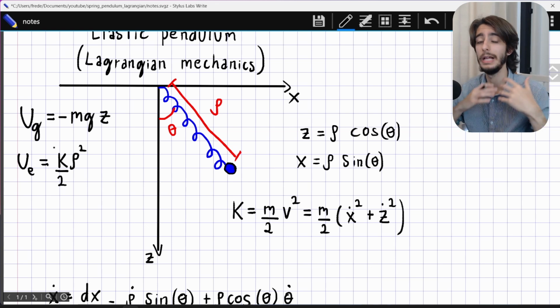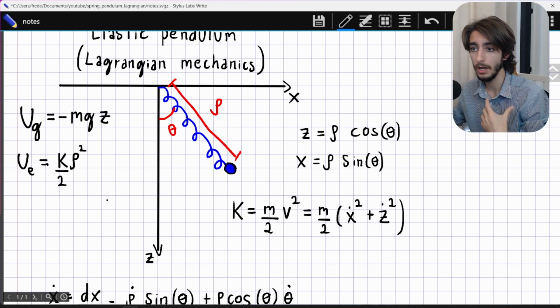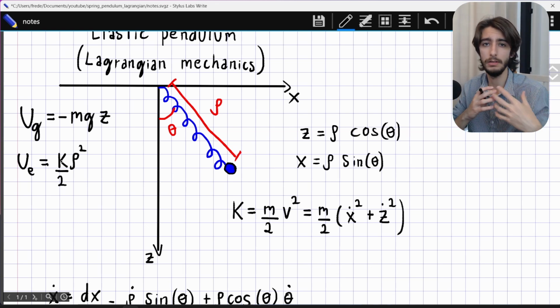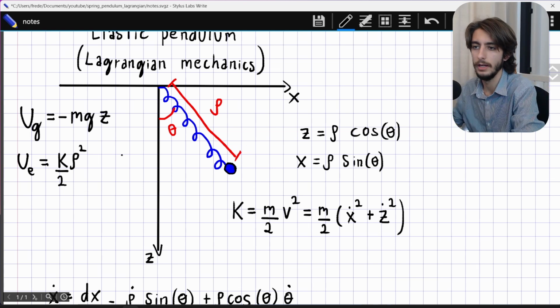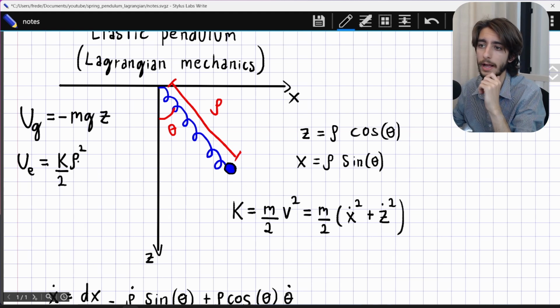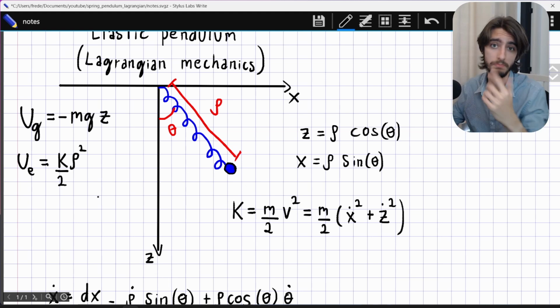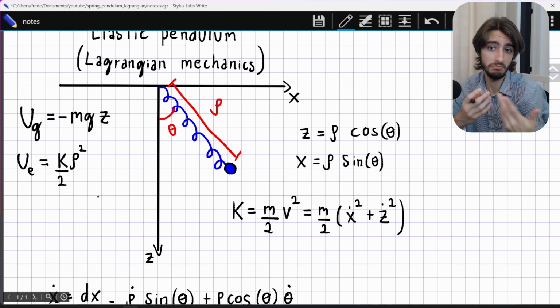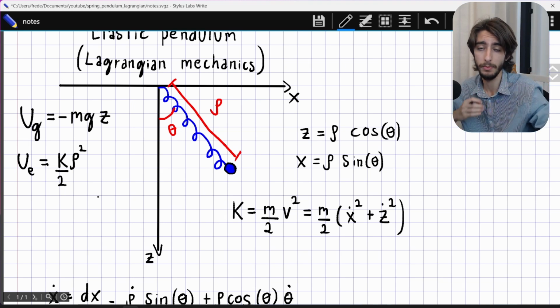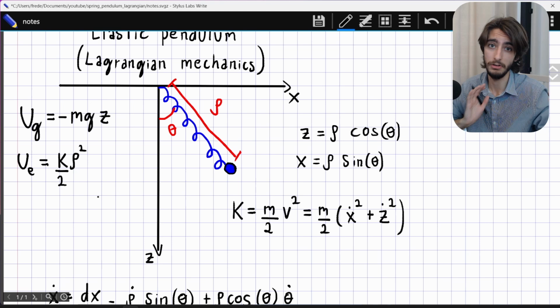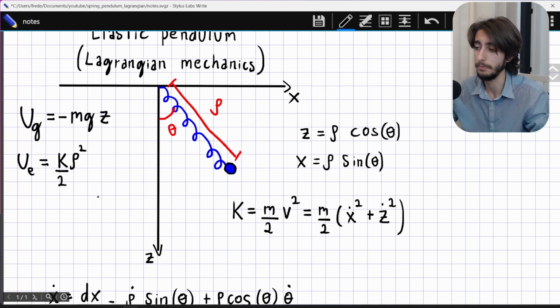And now for our elastic potential energy term, we're just going to have k, which is the spring constant, meaning how difficult it is to stretch that spring, how stiff that spring is, also then divided by 2, and rho squared, which is the distance from our spring, meaning the further away you get from the origin, the more you stretch the spring, the more it's going to try to bring it back to equilibrium state.